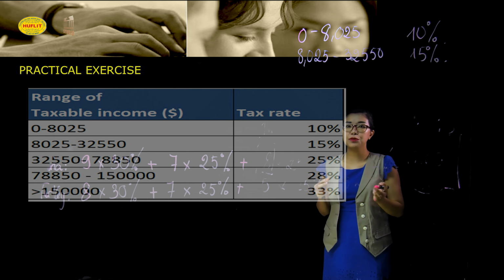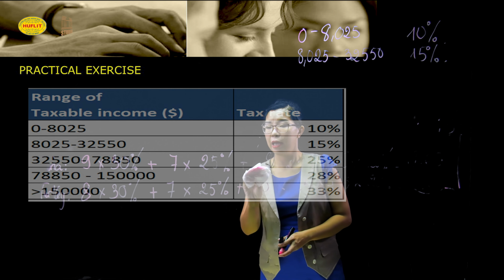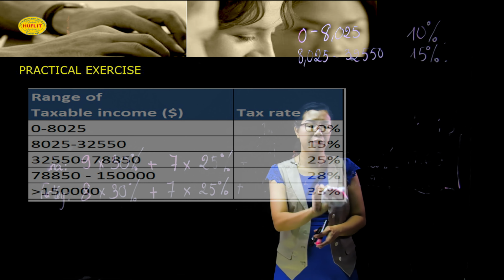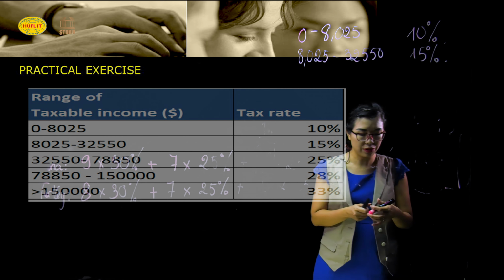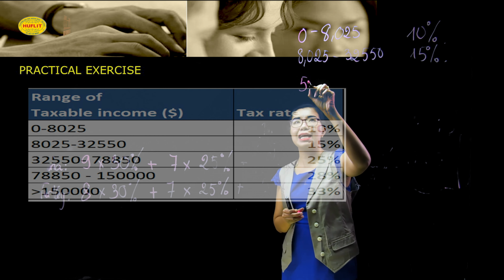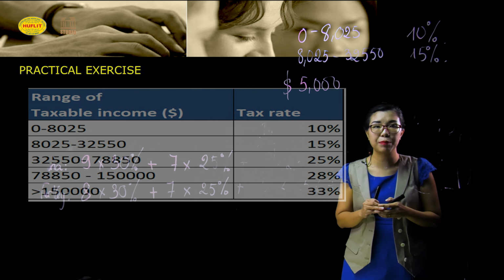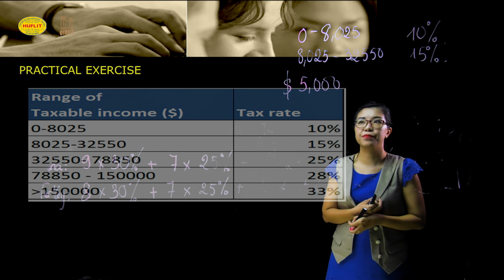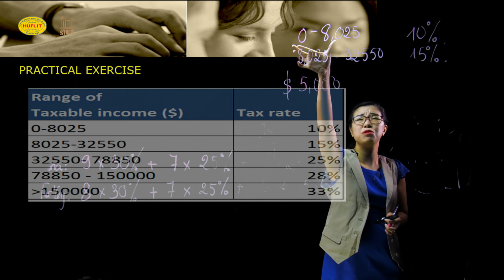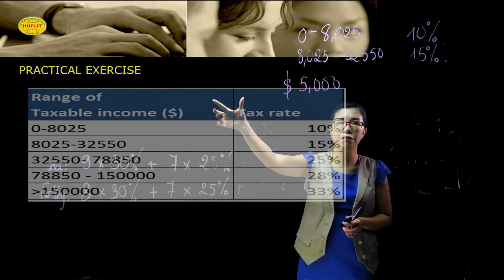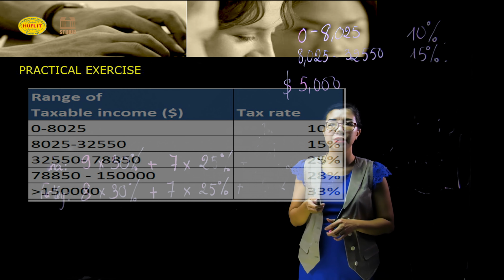Okay, so now I just ask you a very simple, single question. If I earned $5,000, how much am I going to pay in tax? If you look at the number $5,000, it belongs to the first bracket here, 0 to 8,025, right?